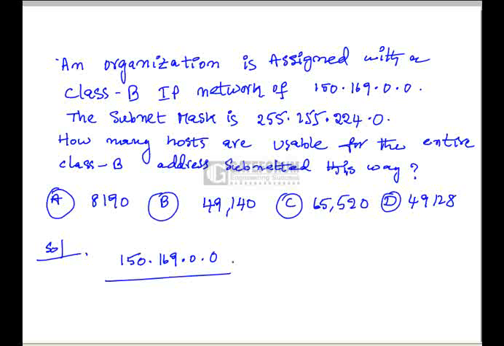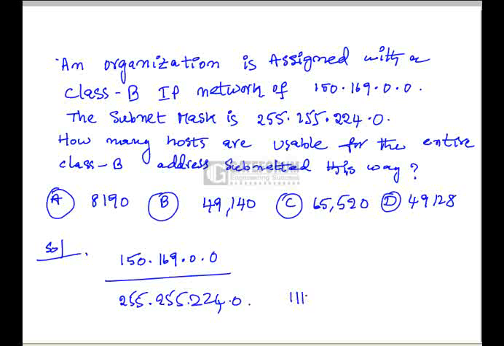So this network is assigned to one organization, and they can divide this total network into different subnetworks also. The subnet mask is also given, that is 255.255.224.0.